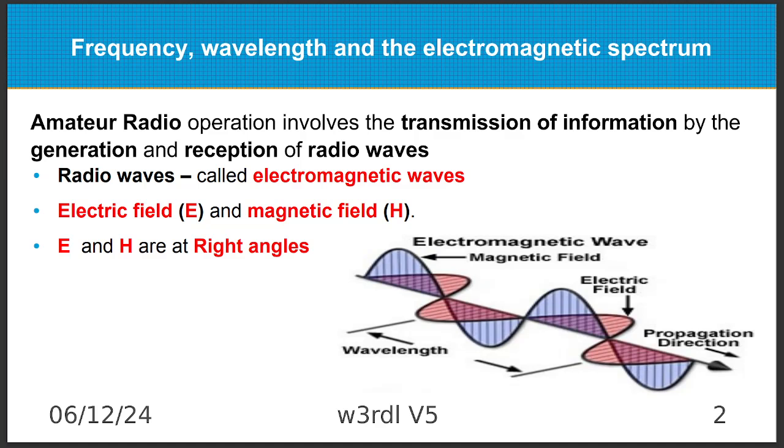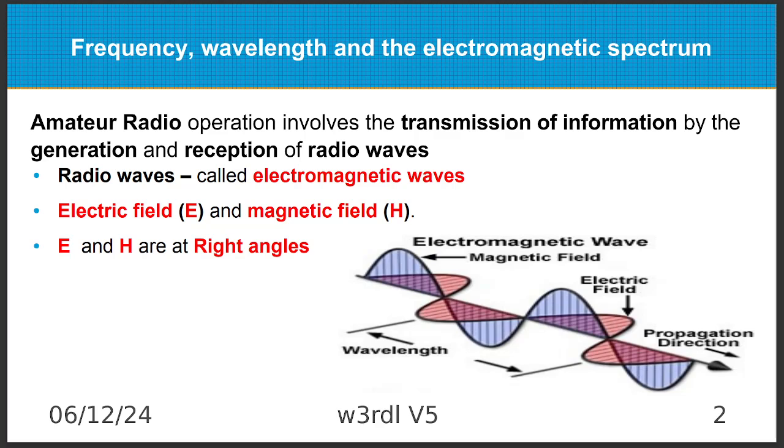Radio waves are called electromagnetic waves. They are an electric field and a magnetic field, and the E and H are at right angles. On the other program that Bob used to write the course, this actually shows some animation going on.